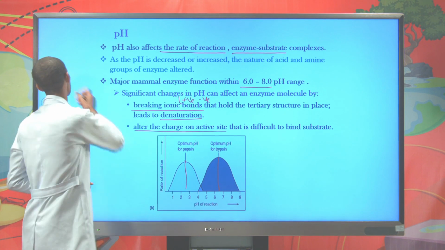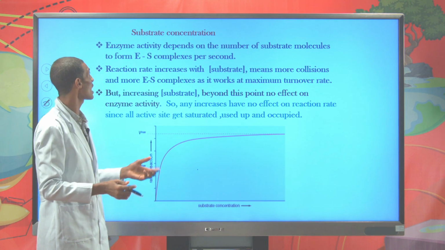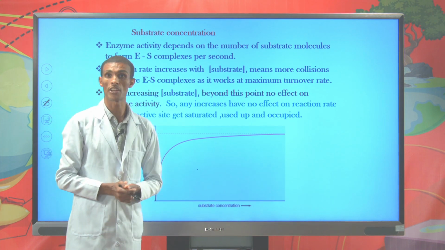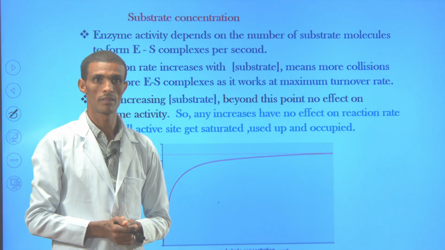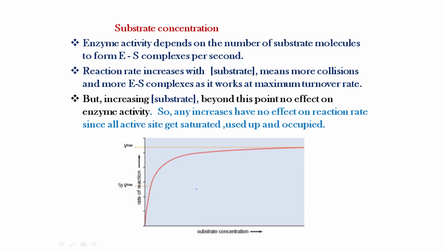This is another factor. The other factor that can affect the rate of the reaction is substrate concentration. Students, we have seen that a substrate is the substance to which an enzyme binds. So, enzyme activity highly depends on the substrate molecules to form enzyme-substrate complex per second.